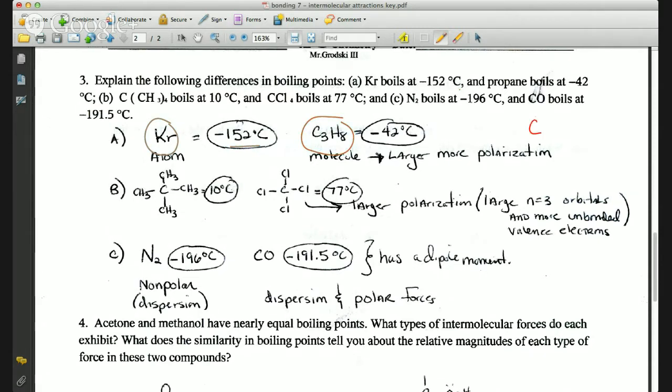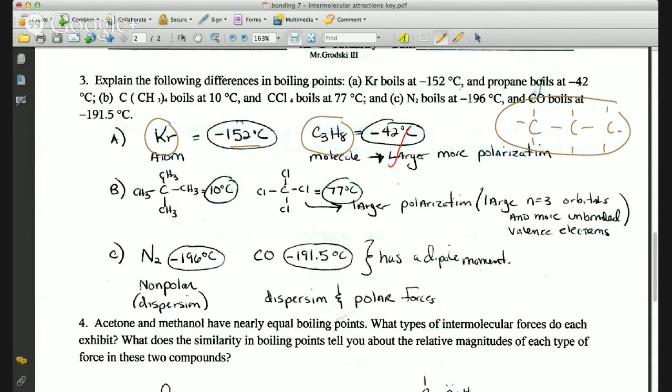A longer molecule, C3. It probably has a very similar number of electrons, krypton being a big atom, but because of propane's elongated shape, the electrons are able to have an axis to move towards.